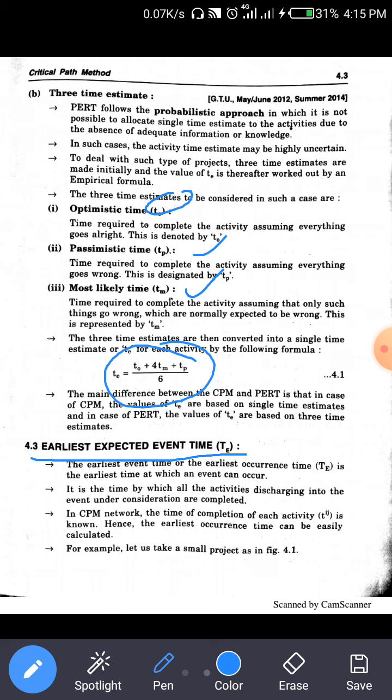It is the time by which all the activities discharging into the event under consideration are complete. In a CPM network the time to complete each activity is Tij, where I is the starting point and J is the ending point of the activity.